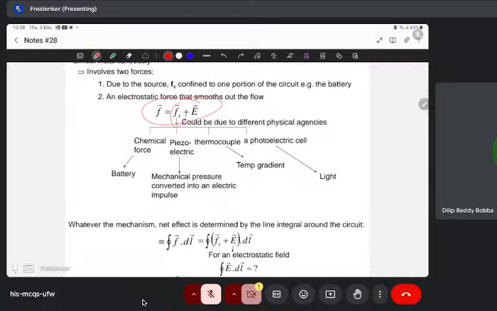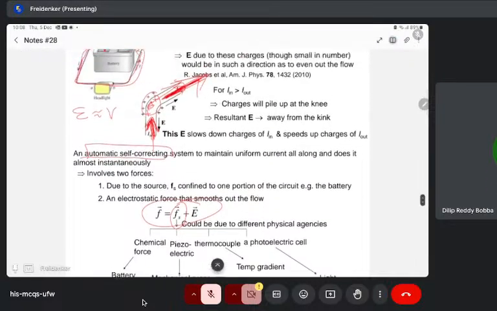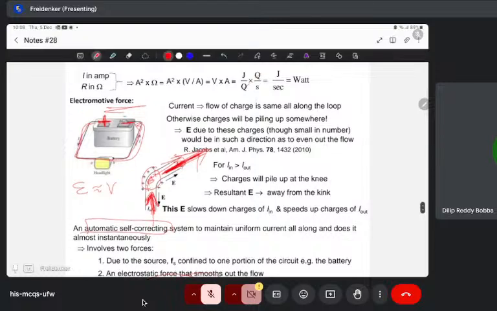This force per unit charge comes from the battery, because whenever there is a potential difference, all the charge carriers will start moving. So why do they move? Because some force is applied on them, and that is the electric field.